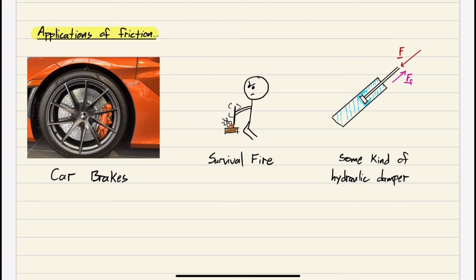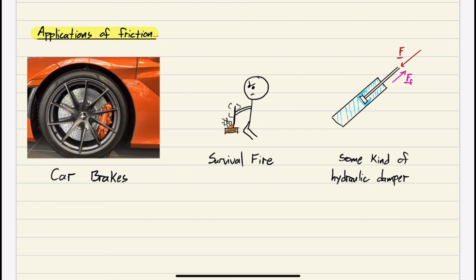So there's an application of static Coulomb friction. And if you're going very fast and you want to slow down, you want to make sure that the coefficient of dynamic Coulomb friction is tuned such that you can actually stop the car, and that you can provide a high enough normal force to squeeze that disc plate to slow the car down.